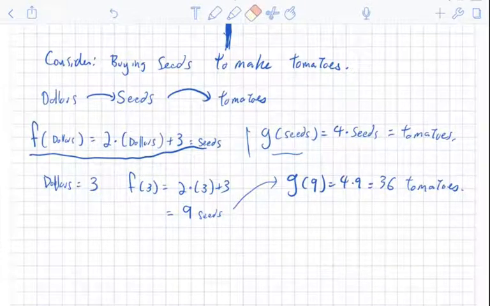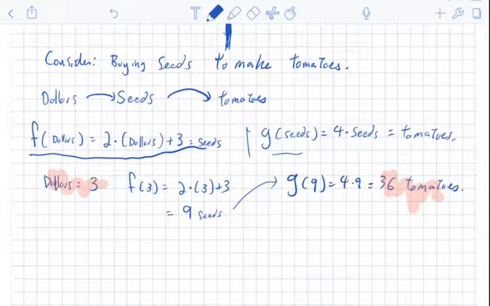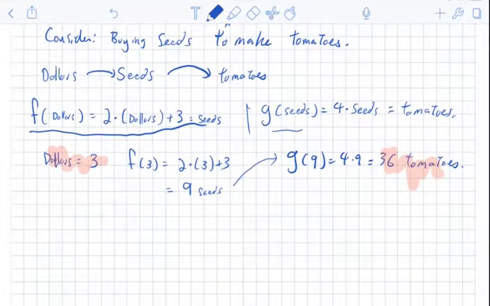So this is essentially a procedure where I specify some number of dollars, and then I put it in one function that tells me the seeds. I take the seeds, and turn it into tomatoes. So I want to write a new function that takes in dollars and results in tomatoes. And the way to do that is actually not too bonkers, right?